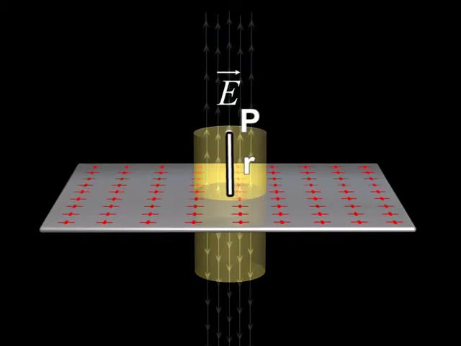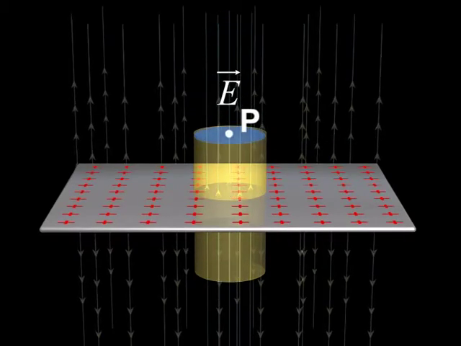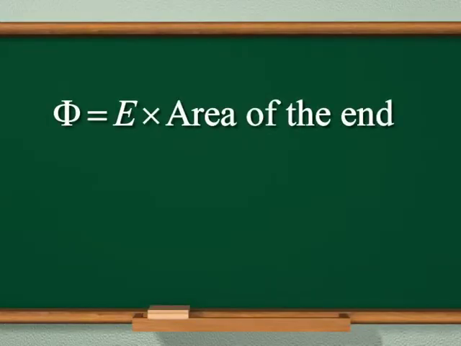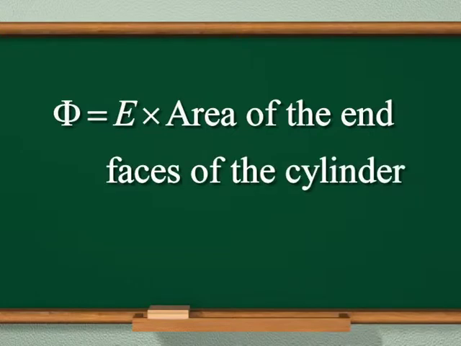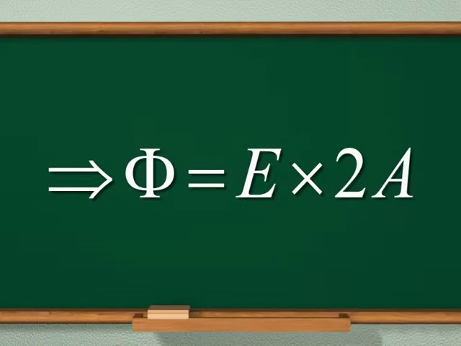Thus, if E is the magnitude of the electric field at point P, then the electric flux crossing through the Gaussian surface, capital Phi, is equal to the electric field E into the area of the end faces, that is, the area of the circular caps of the cylinder of radius r, which implies capital Phi equals E into 2A.